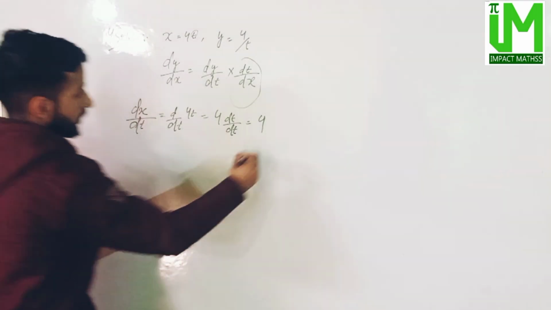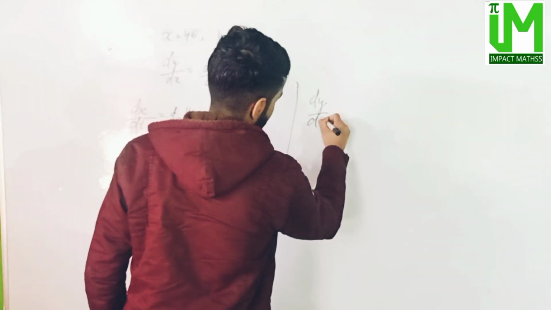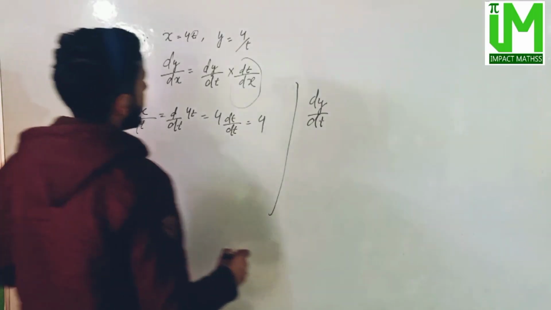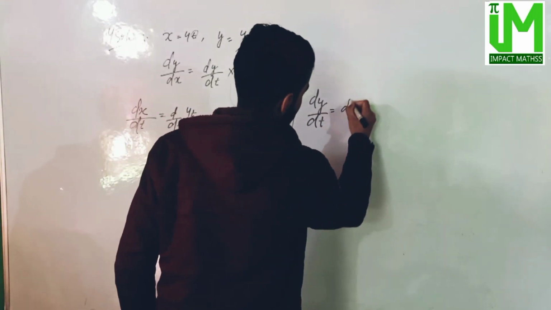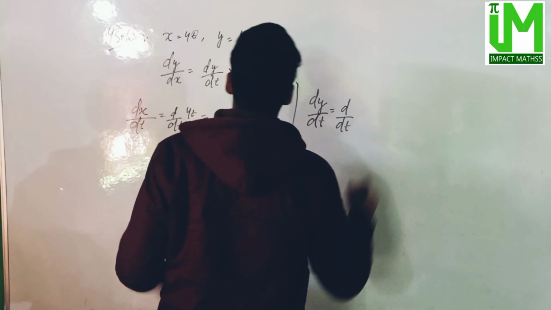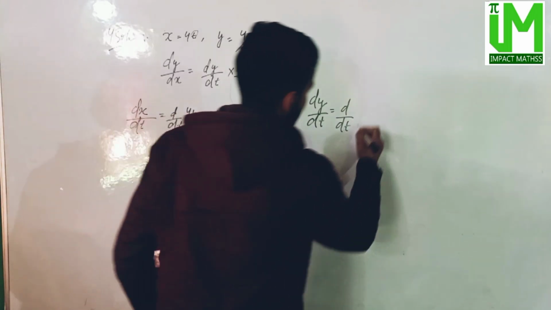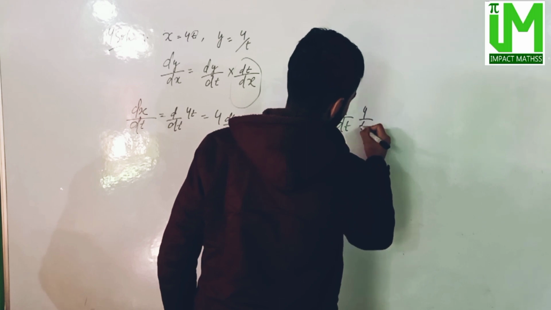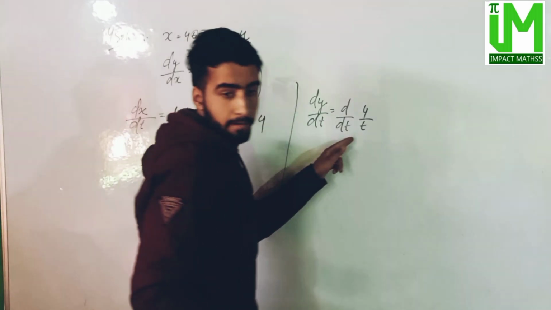Now dy by dt, अब y की differentiation करनी है with respect to t, that is equal to d upon dt of y का value क्या है? y is 4 divided by t. 4 क्या है?